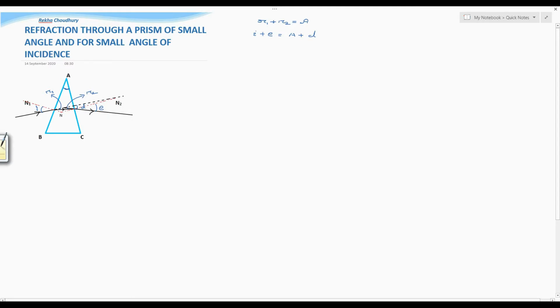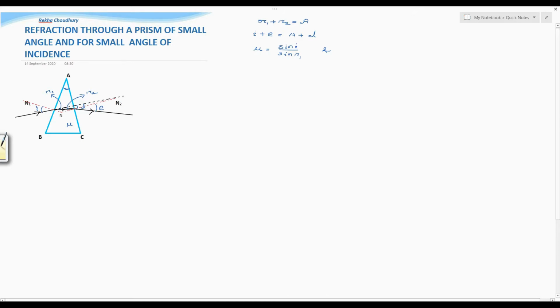Again for the refraction at the first surface, mu is equal to sin I divided by sin R1. And for refraction at the second surface AC, the first medium is this prism medium and the second medium is air, and the refractive index of prism is mu.